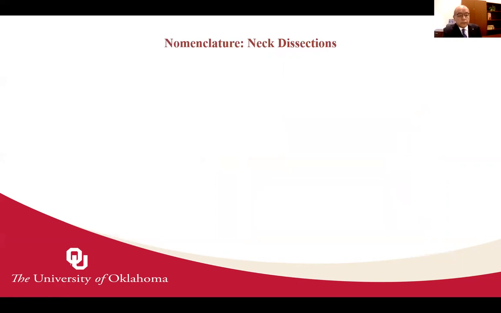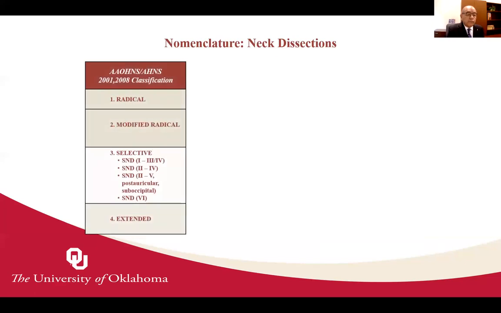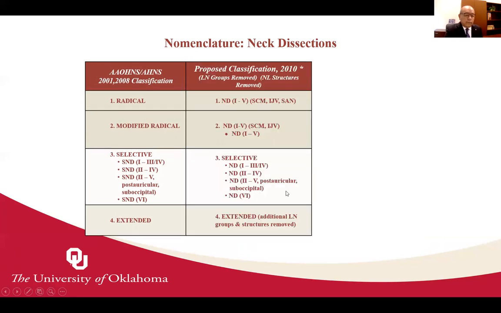With regards to nomenclature of neck dissections, we have seen, even from before 2001, classifications adopted by the American Academy of Head and Neck Surgery and the American Head and Neck Society of the different neck dissections. A few years back, a group of Ferlito, Jay Shah, Robbins, and myself proposed this classification in which the neck dissection is designated as such, and we designate the levels that are removed and the non-lymphatic structures that are removed.